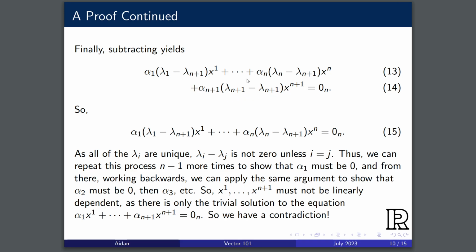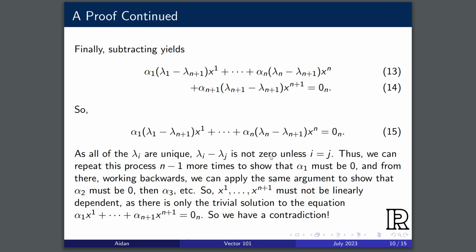This lambda n plus 1 minus lambda n plus 1 cancels, and this goes to 0. So we get a new linear combination of just n vectors. We've gotten rid of one of the vectors, and we're still adding them up to get 0. But the lambda i's are all unique, meaning that none of these other terms is 0.